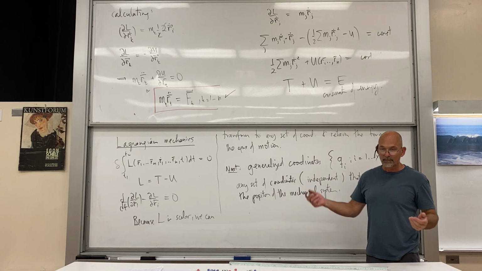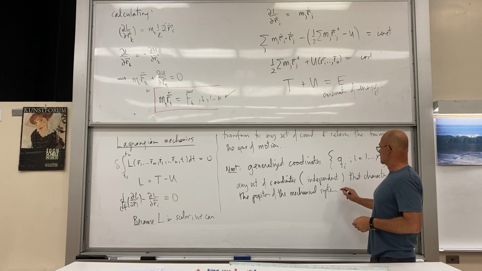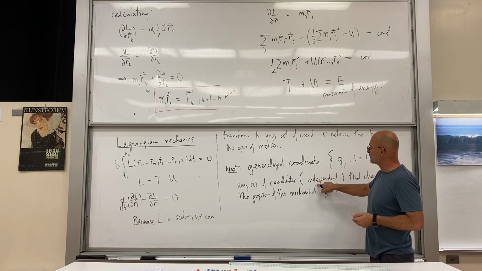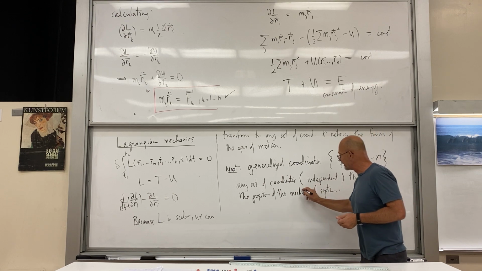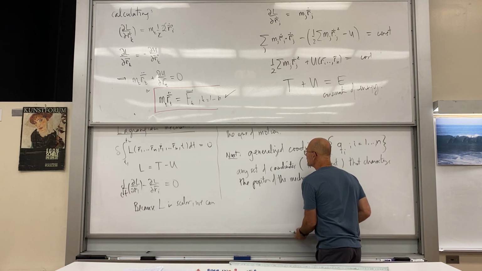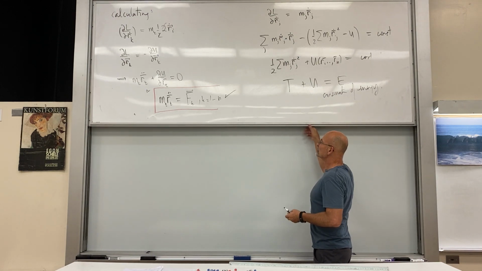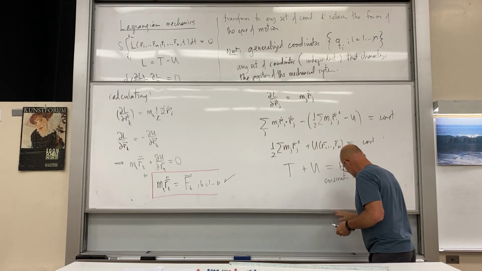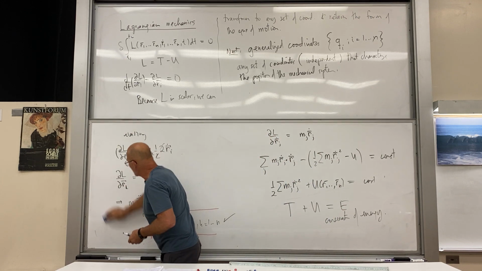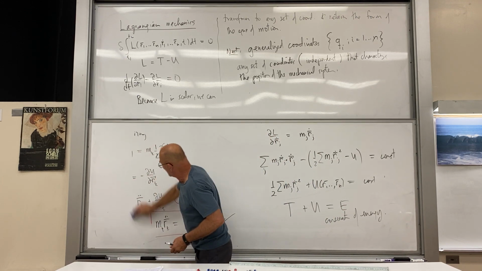We'll start out with things like the pendulum. So everything's important here: the fact that these coordinates are independent and that they simply specify the position. I'll start drawing a couple of examples. And these will be examples of problems that we then go ahead and solve.